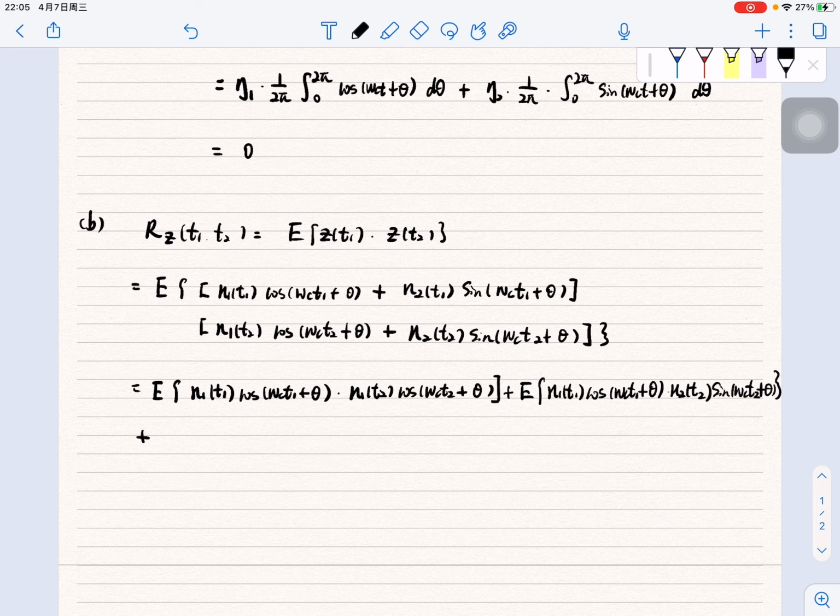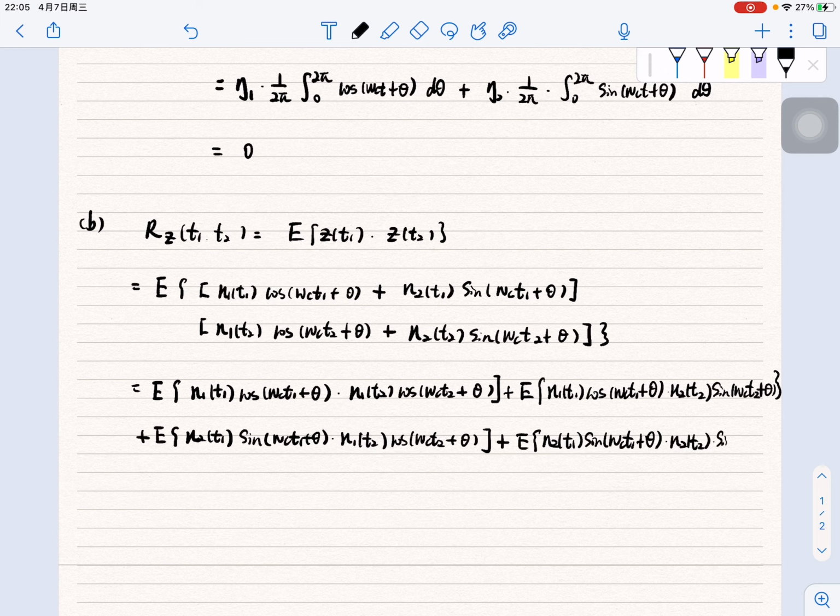Then plus the expectation of n2(t1) sine omega c t1 plus theta, multiplied by n1(t2) cosine omega c t2 plus theta. And the last term is the expectation of n2(t1) sine omega c t1 plus theta, times n2(t2) sine omega c t2 plus theta.